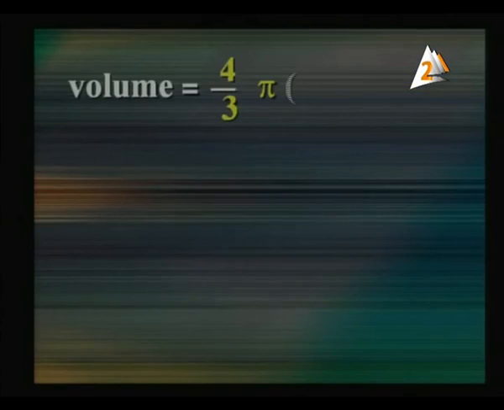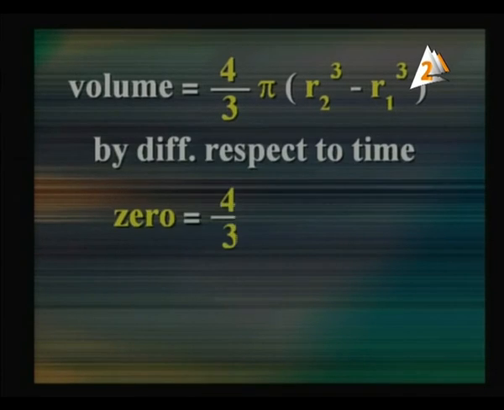Look at the solution. Volume of a sphere equals 4 over 3 pi r^3. We have the volume of the hollow sphere equals 4 over 3 pi multiplied by (r2^3 minus r1^3).